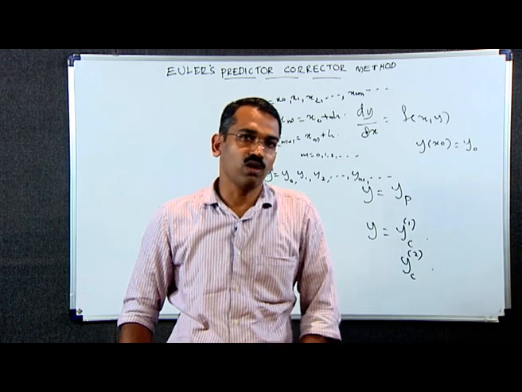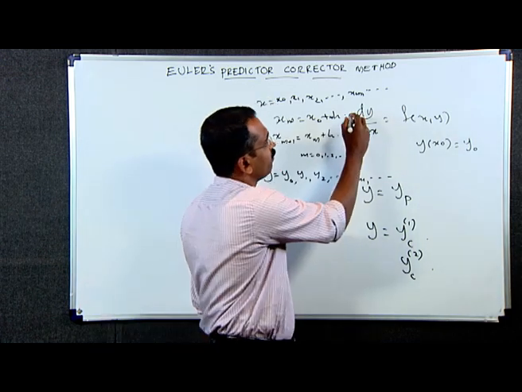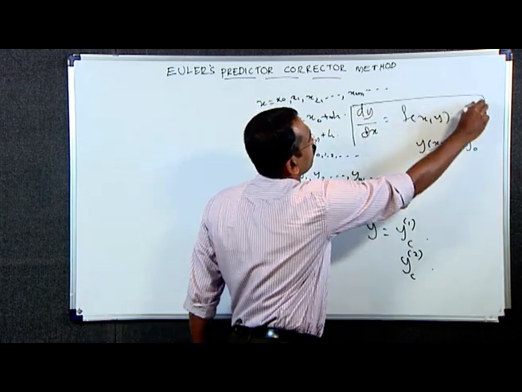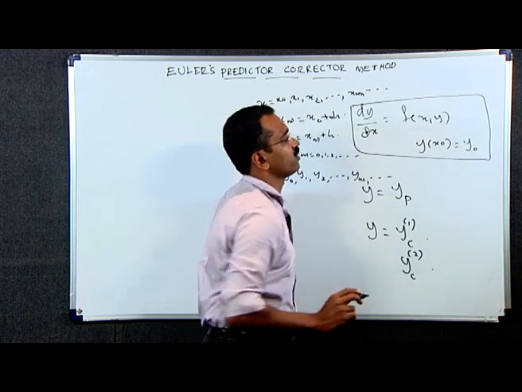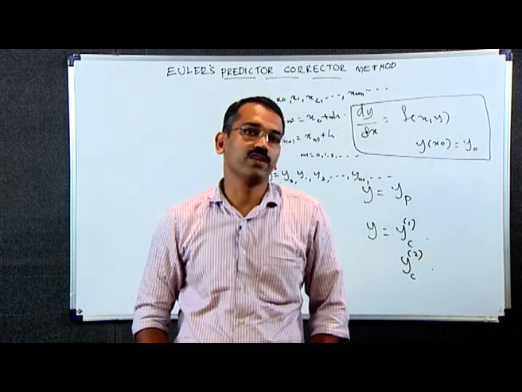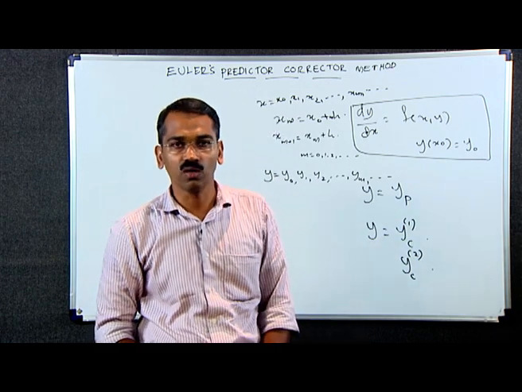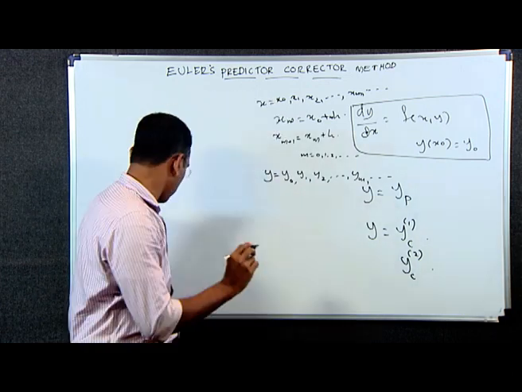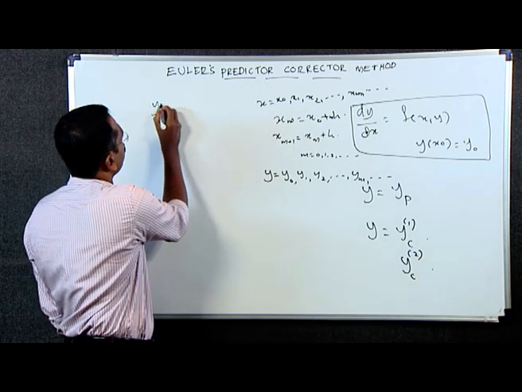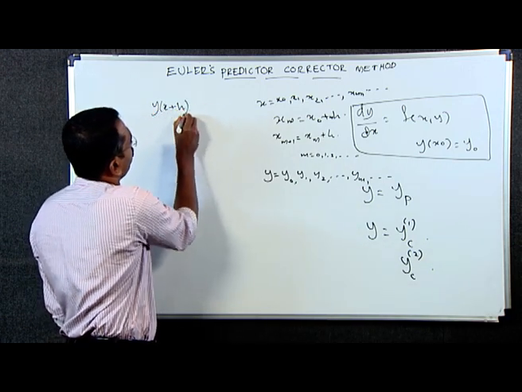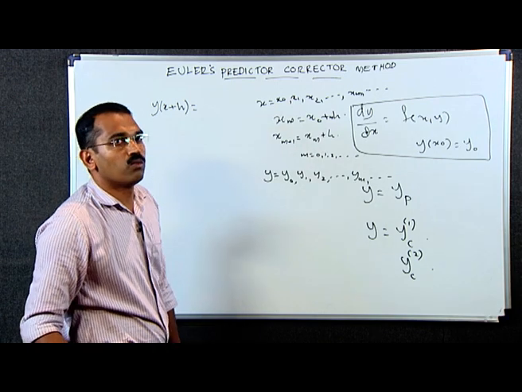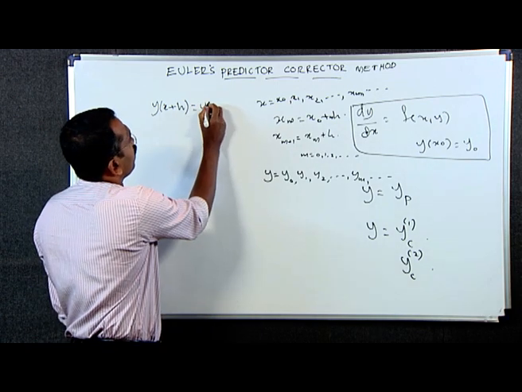The solution of the differential equation dy by dx is equal to f of x, y, such that y of x naught is equal to y naught is given by the simple Euler's formula: y of x plus h is equal to y of x plus h into f of x, y.